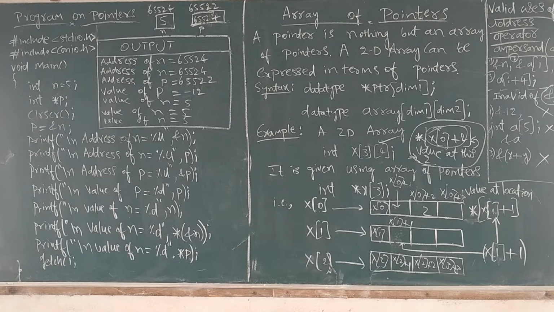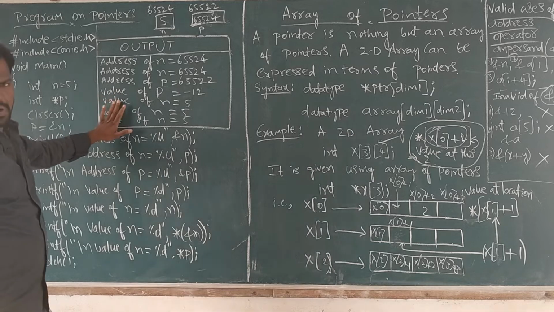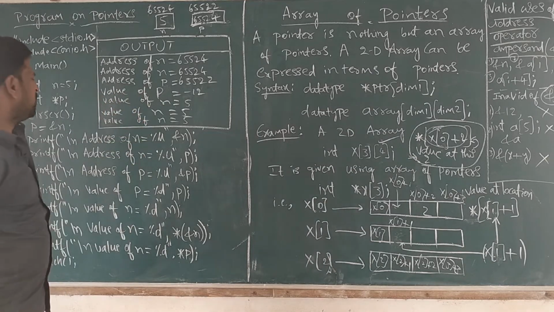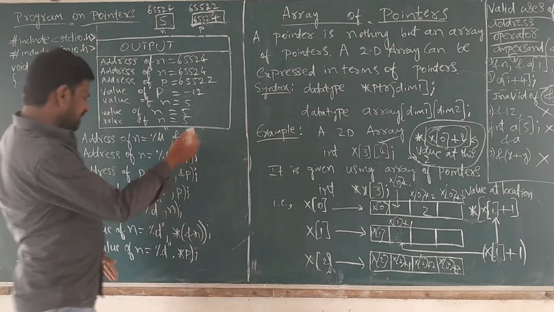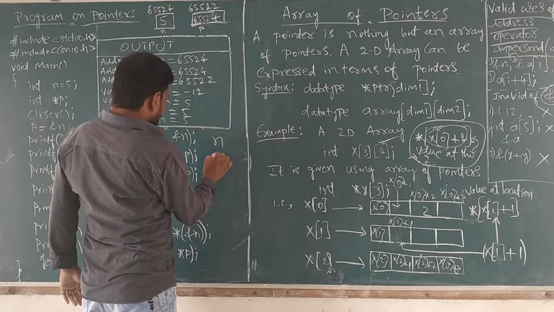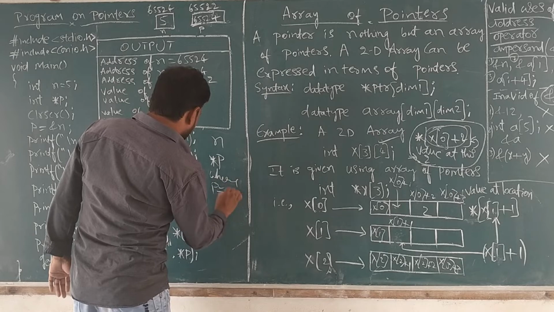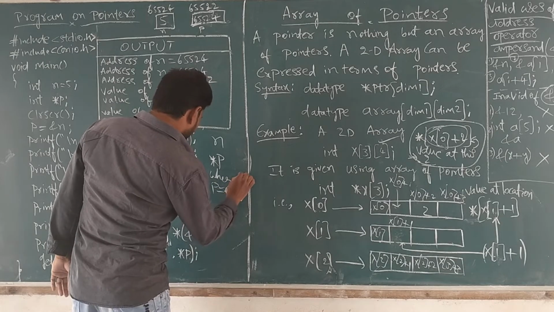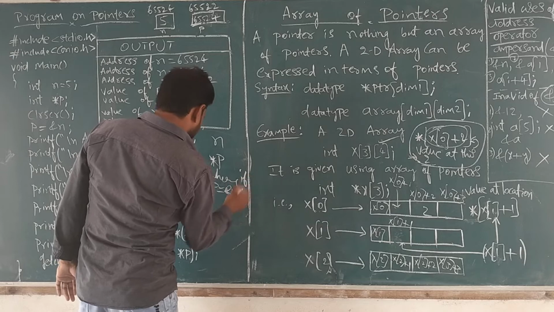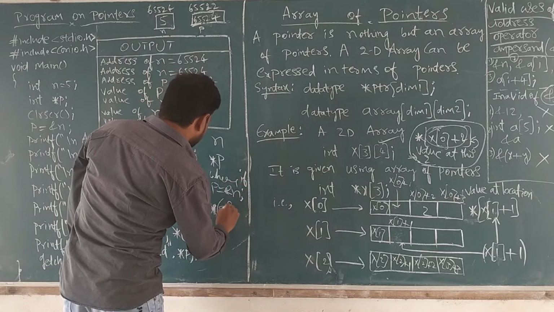You can have a brief look over here. Once again, I will explain. This is about the pointer concepts completely. How do we access the pointer value? These three statements are similar: n, pointer of n where p is equal to address of n, and, if that is satisfied, asterisk of ampersand n.